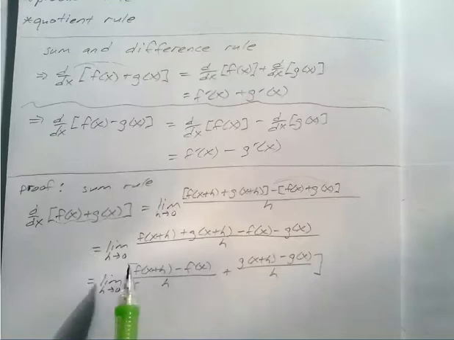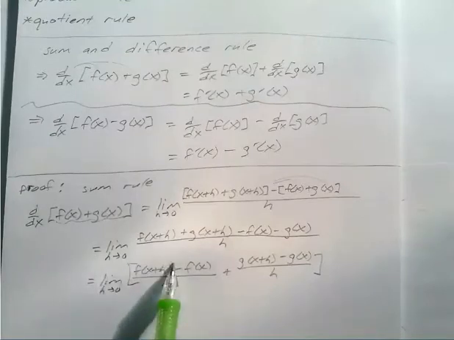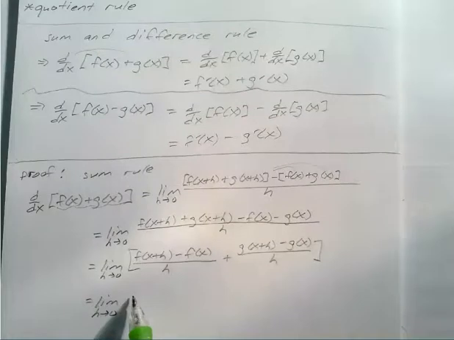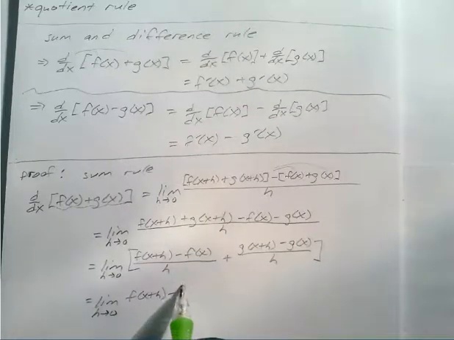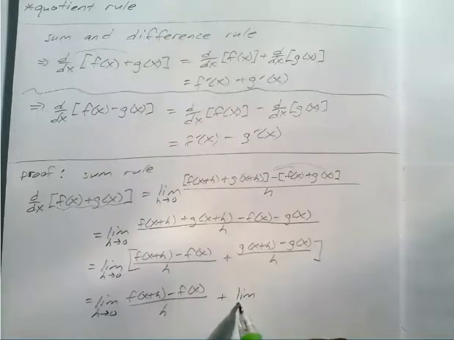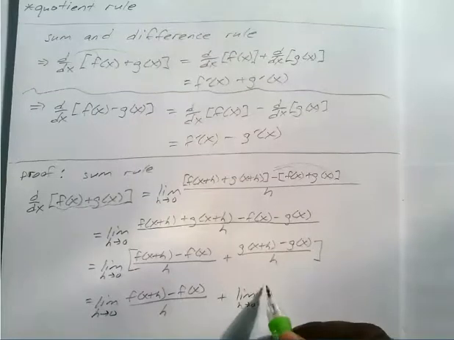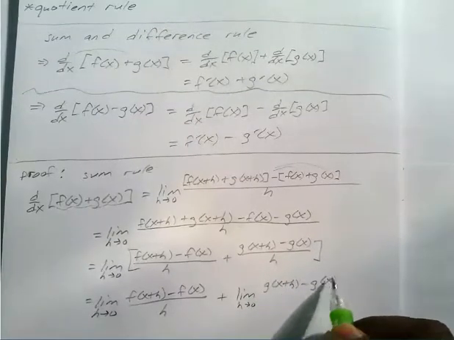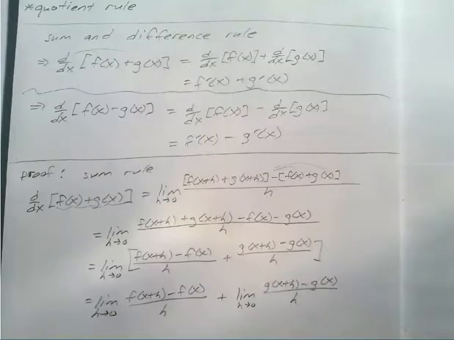Alright, so if you remember your properties of limits, you apply the limit to both of those terms. So the limit as h approaches 0 of f of x plus h minus f of x all over h, plus the limit as h approaches 0 of g of x plus h minus g of x all over h.